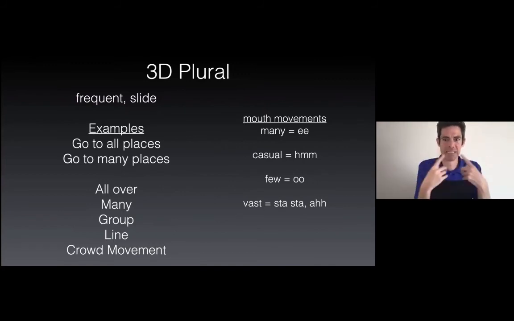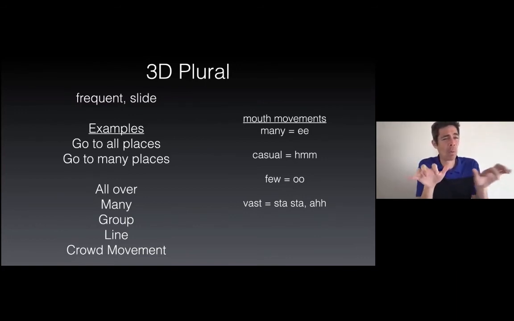So again, the E face is a lot, or just a casual amount. So you can add an adverb. If you do this, that's just a regular amount of people. But if it's the E face, it's wow, there's a lot of people there.